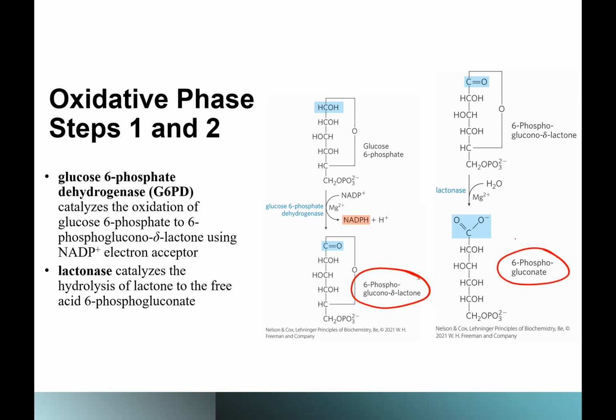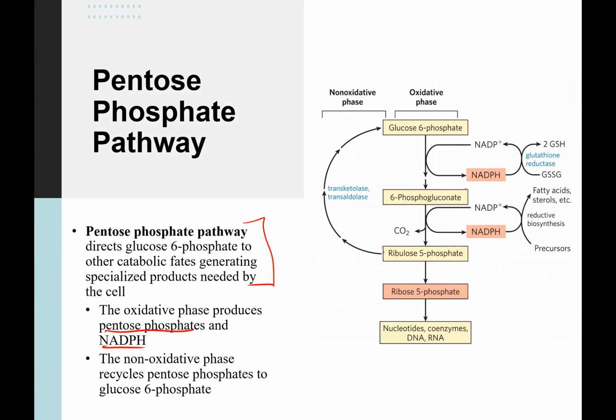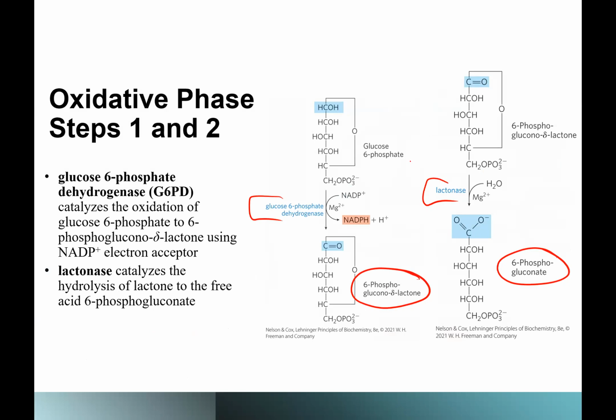So let's relate this back to what we saw in the previous figure. We have two enzymes at play here, glucose 6-phosphate dehydrogenase and lactonase. The ultimate thing that happens is we get to here, right? In a couple steps, a couple enzymes, to get from glucose 6-phosphate to 6-phosphogluconate. That's the oxidative phase, the first two steps.